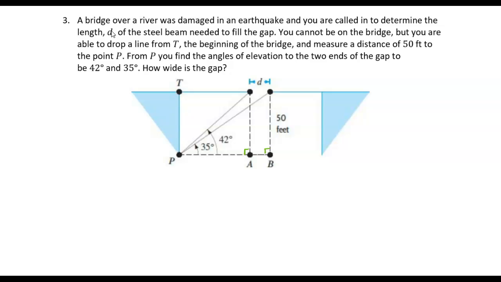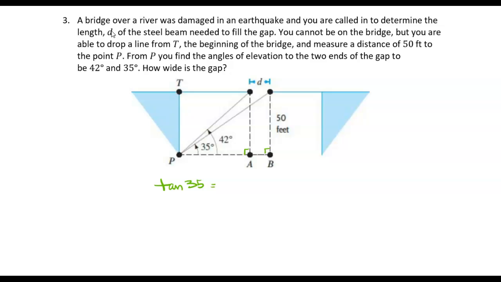So really we have these two triangles that we need to work with. Okay? So let's start with this triangle PB up to the top here. I know they don't have this point labeled. But we can use the tangent. Let's say the tangent of 35 degrees is going to be opposite over adjacent.